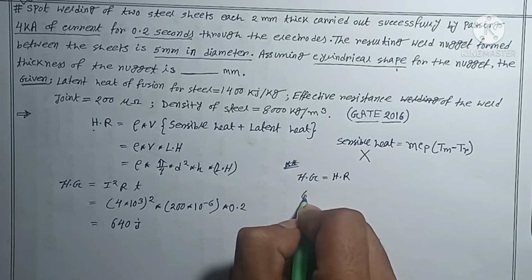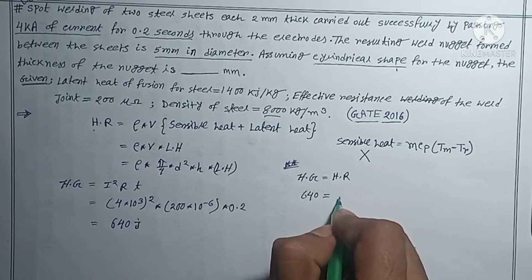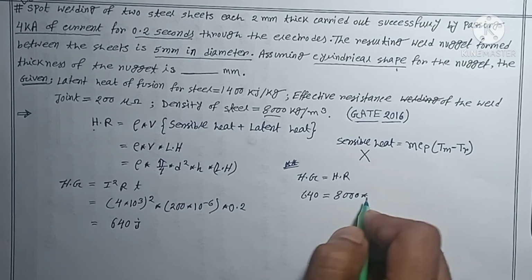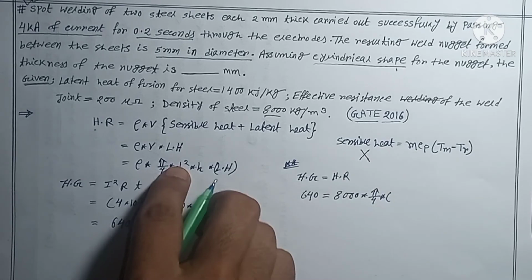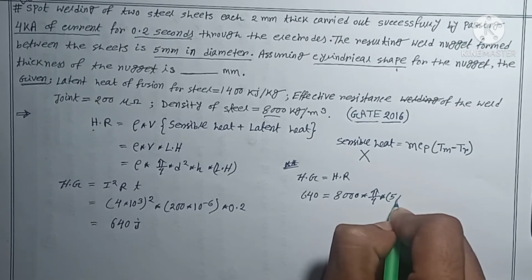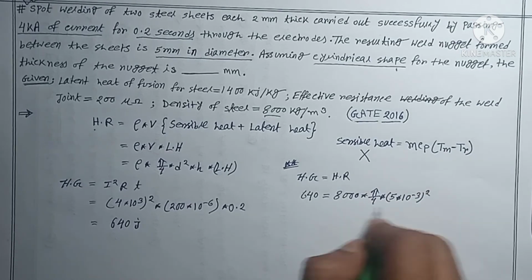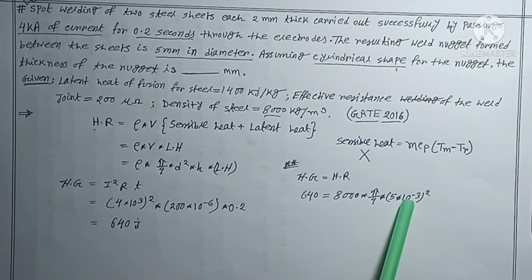Heat generation is your 640, equal to density, they provided 8000, so 8000, then pi by 4, they provide us the diameter as 5 mm, so 5 millimeter, to convert it in meter 10 power minus 3, 5 square, into height.